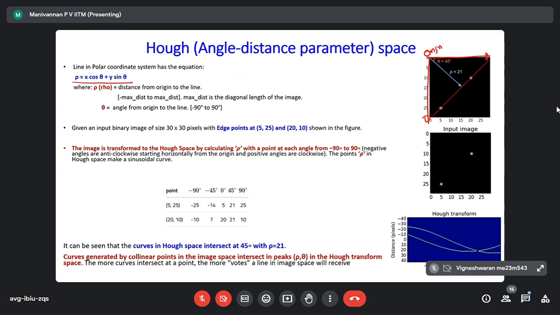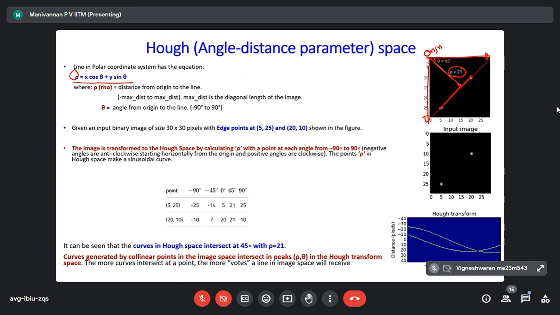You have 2 points connected by a line, and from the origin, you can connect by a vector. Rho can be calculated if x, y and theta are known. This is theta. Then you can calculate rho, which is nothing but the distance between the line and the origin.